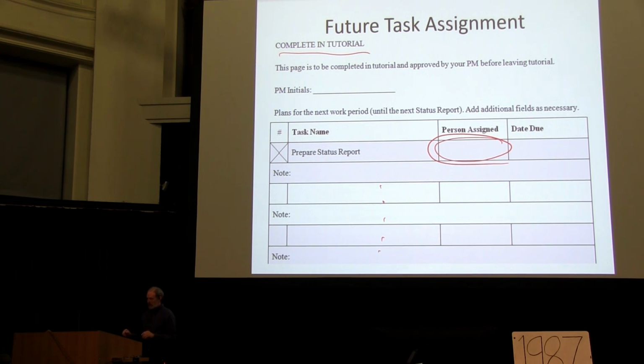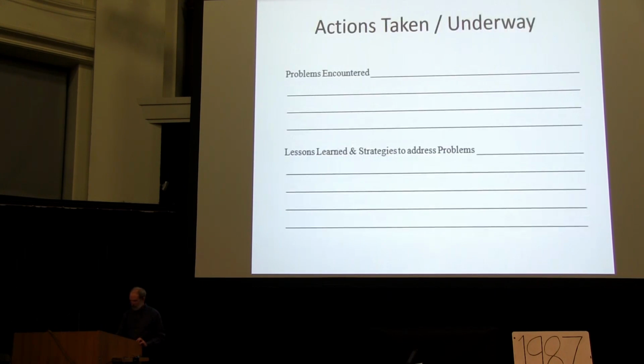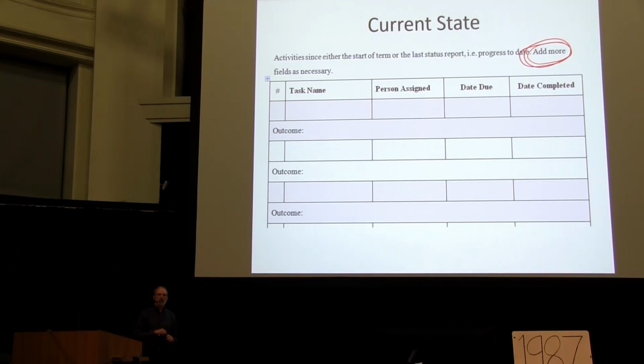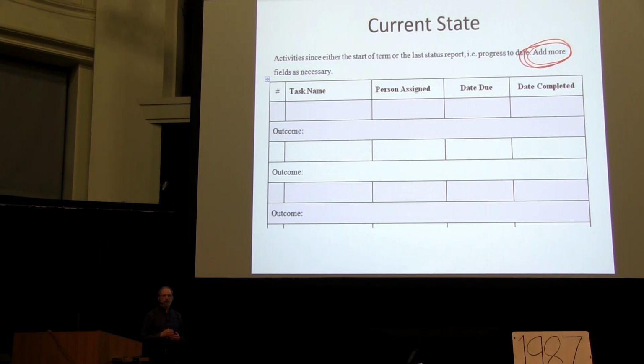Anything that goes into your future task assignment on that end page should be something that appears in your earlier page, the current state page, the next time round. Okay? And your project managers will look for that along the way.